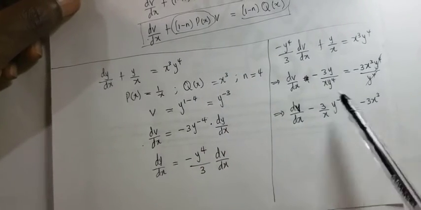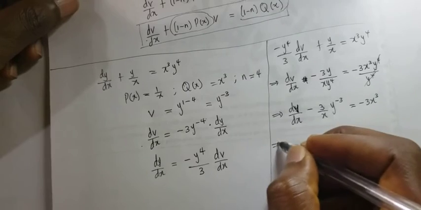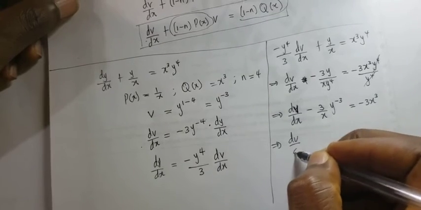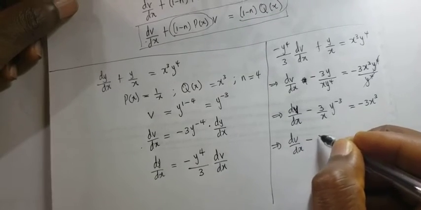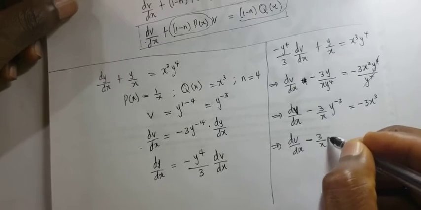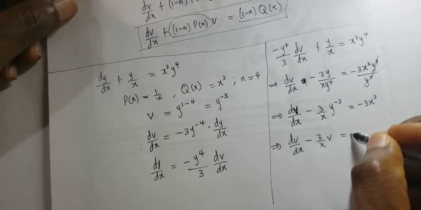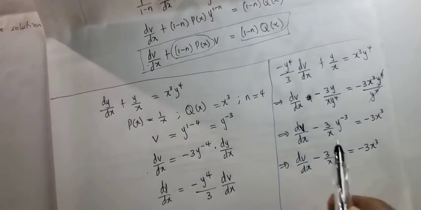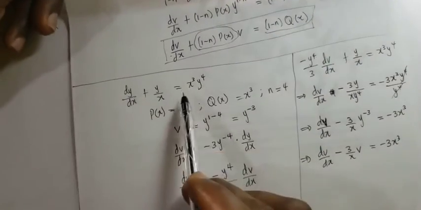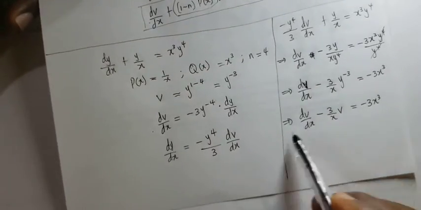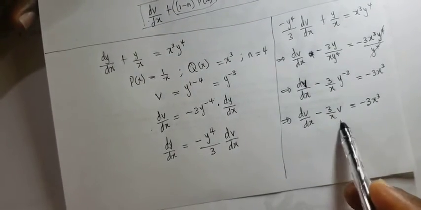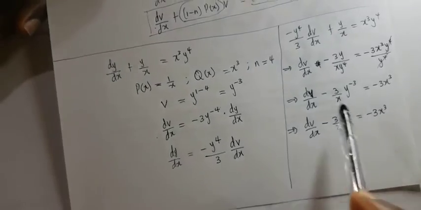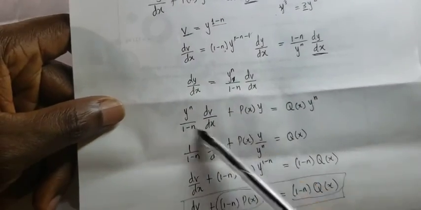So this is going to be dv/dx minus 3 over x multiplied by v equal to minus 3x cubed. It's now evident that we have gone from the non-linear equation we were given to a linear equation in terms of v, which we can solve for v.